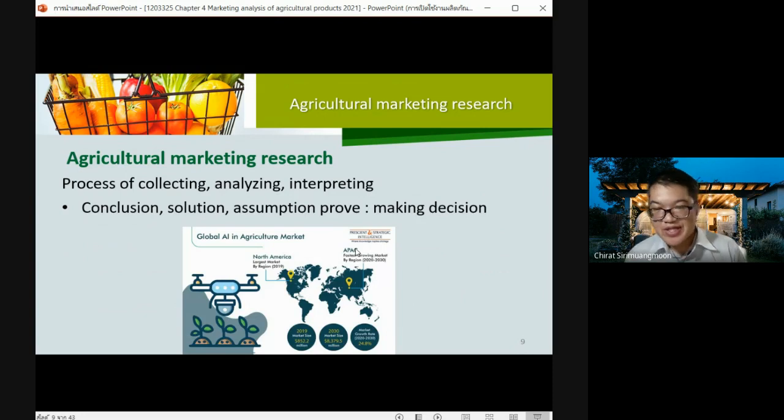For example, if you want to do agricultural market research on healthy food, you might need to collect information, analyze, and interpret. Finally, the marketer team needs to be able to conclude what the trend is or what way we should go for healthy food, and what the solution is for this type of market.